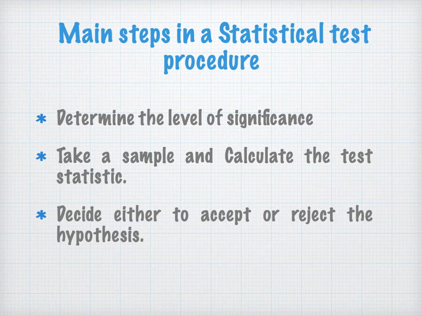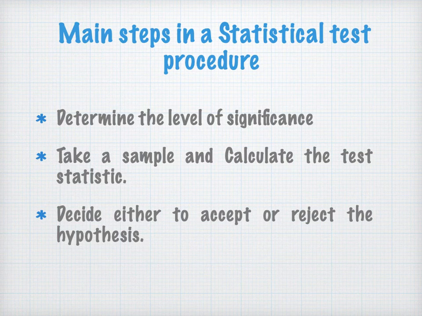Generally, alpha is taken to be 0.05 or 0.01. If it is not specified in the question or anywhere, we usually take alpha to be 0.05, and if it is specified, then it takes that value.